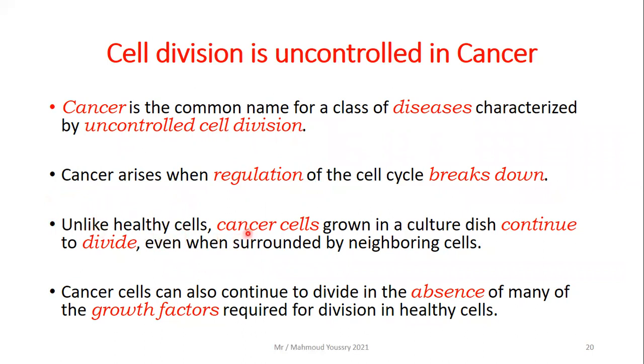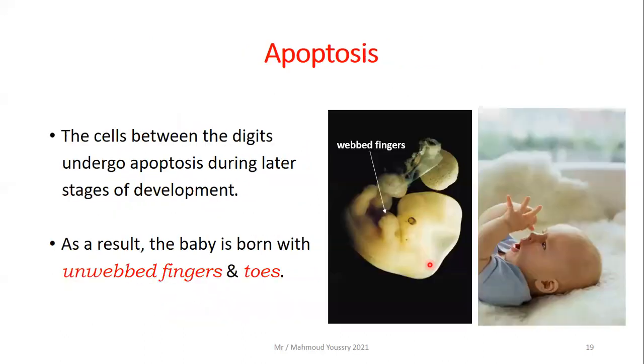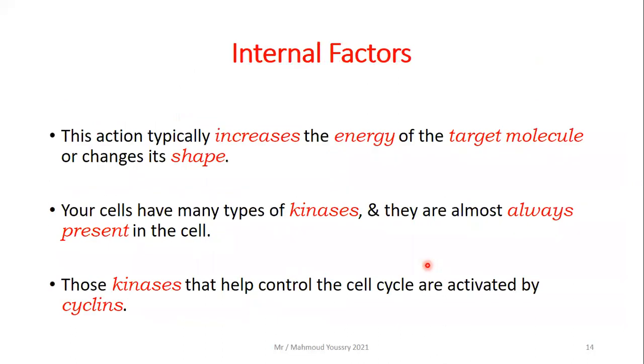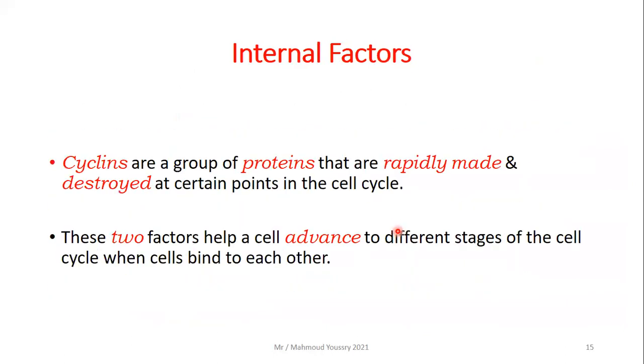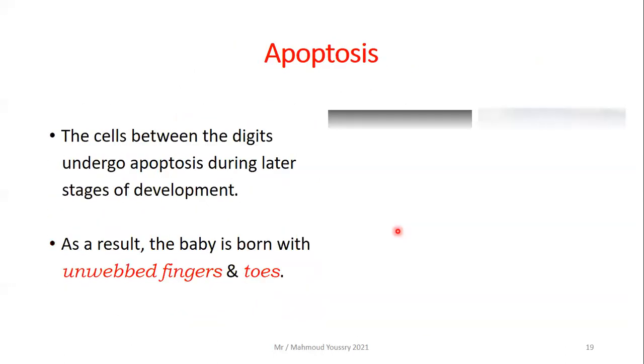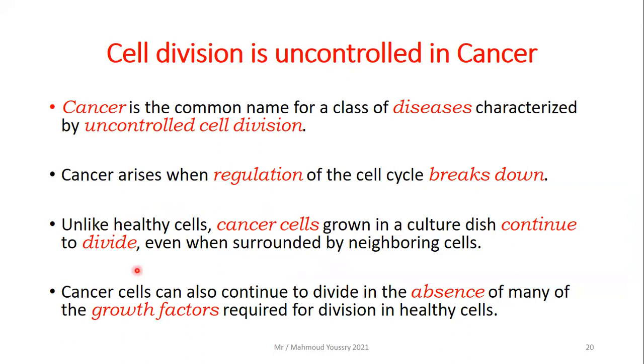Unlike healthy cells, cancer cells in a culture dish continue to divide even when surrounded by neighboring cells, as we already saw in the culture dish. If you remember, when it formed clumps, it continued to grow. Cancer cells can also continue to divide in the absence of many growth factors required for division in healthy cells.